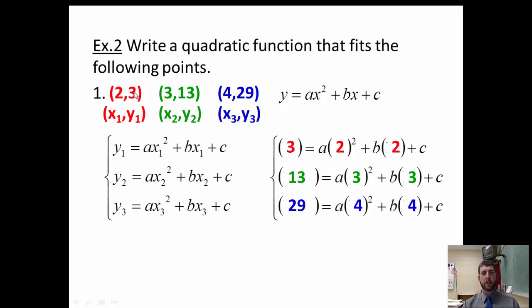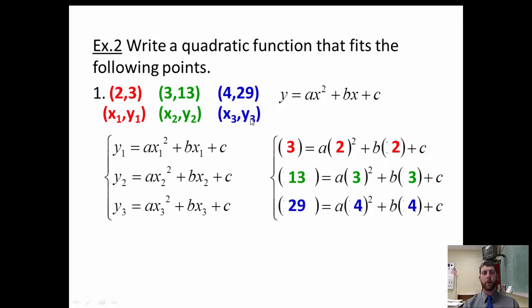So you can see y1 was 3, x1 was 2, so 3 equals a times 2 squared plus b times 2 plus c. So the x's and y's come out, and the 2 and the 3 go in. In the second equation, 3 and 13 replace the x's and y's, so it's 13 equals a times 3 squared plus b times 3 plus c.